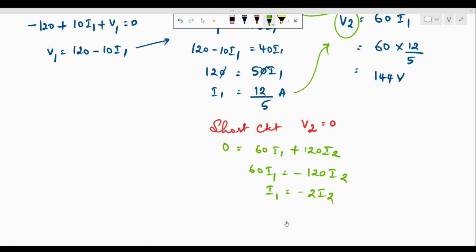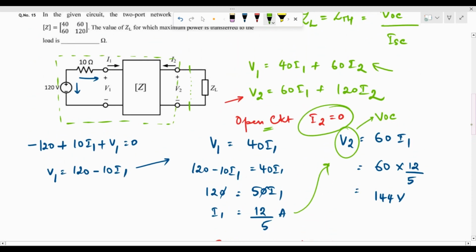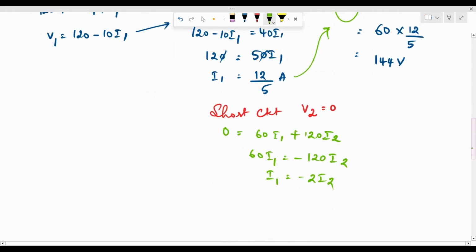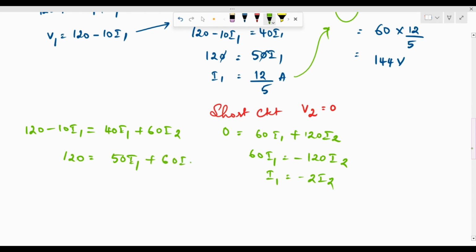Now let me simplify this part, where I'm just going to replace V1 with 120 minus 10 I1 in the first equation. So 120 minus 10 I1, and here I'm left with 40 I1 plus 60 I2. Now I get 120 is equal to 50 I1 plus 60 I2.